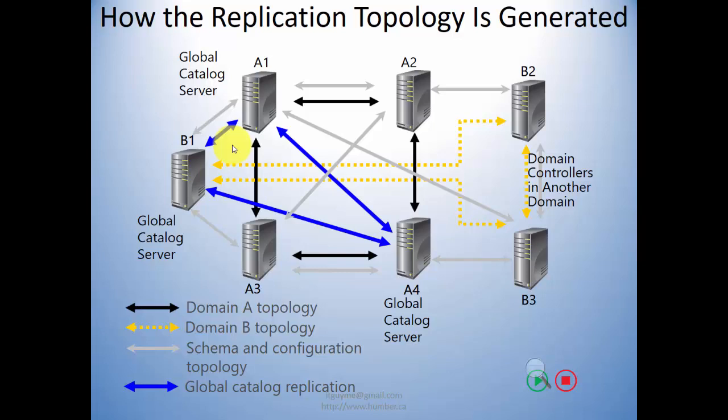Because it's a forest-wide role, right? Within the forest, it's going to offer forest-wide indexing or searching. So that's why the global catalog servers in multiple domains are going to just communicate. They don't care: oh, you're a different domain, you're the same domain, we don't care. We just have to update each other because it's a search that they're supporting.